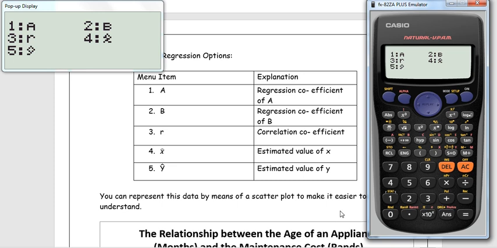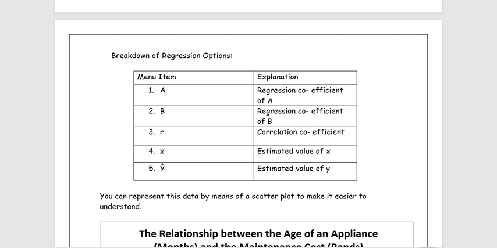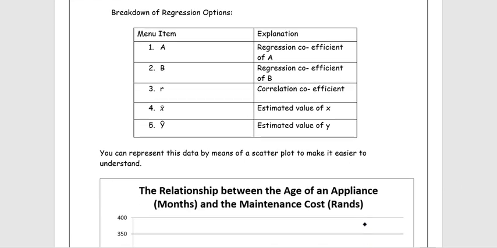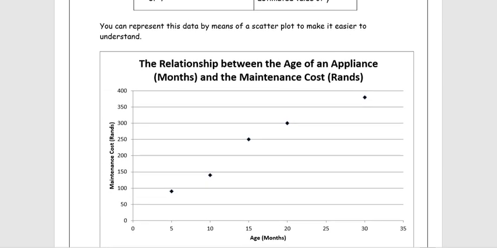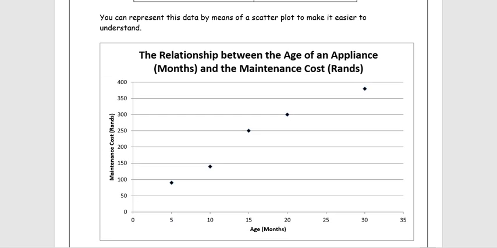Let us continue. Often they're going to ask us to represent our data that was given to us by means of a scatter plot. A scatter plot is just going to make it easier for us to understand exactly what is taking place. It's already going to give us tips, tricks, and clues as to how we are going to answer certain questions. So here you can see I have my scatter plot.